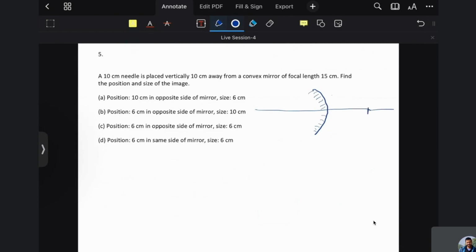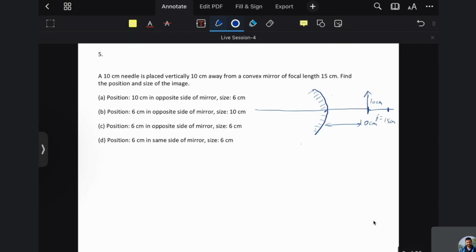At 10 centimeter from the pole, we have a needle which is 10 centimeter in height, and its focal length is 15 centimeter.